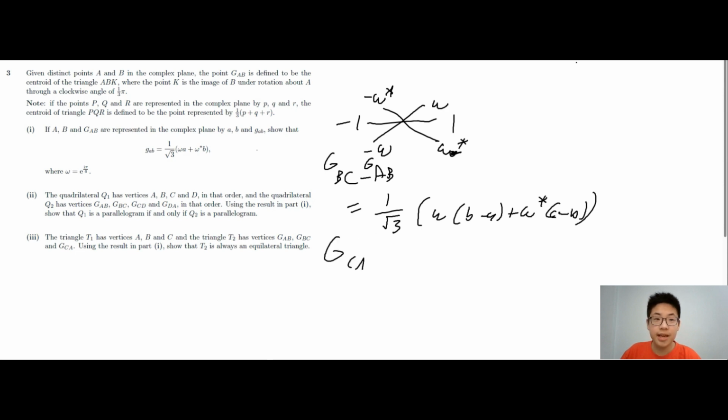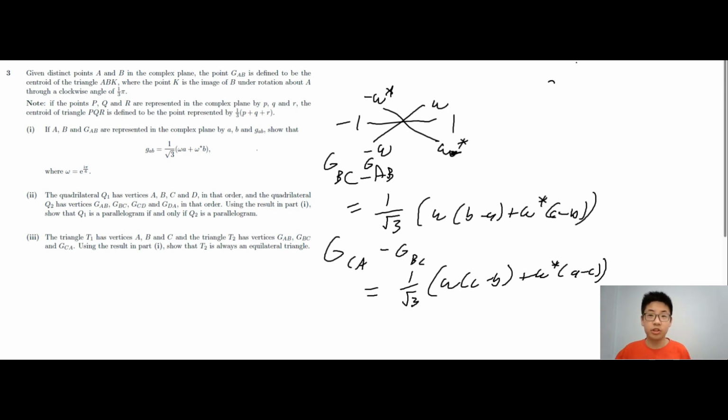And GCA minus GBC is equal to 1 over square root 3 times omega c minus b plus omega star a minus c. So we had just seen GAB minus GCA, we're just going to put all three expressions up here just for double checking, plus omega star b minus a.